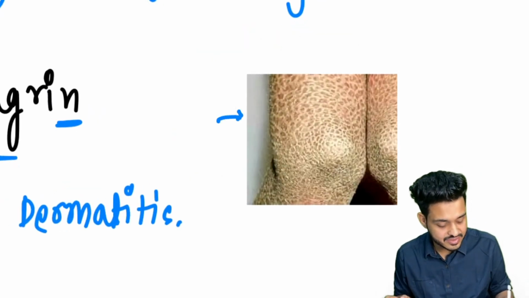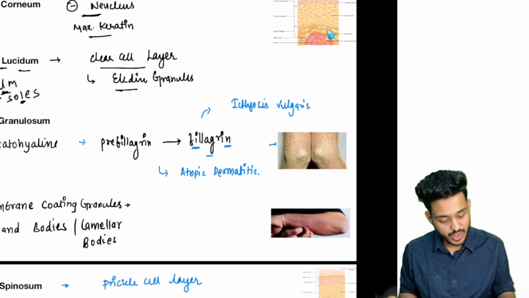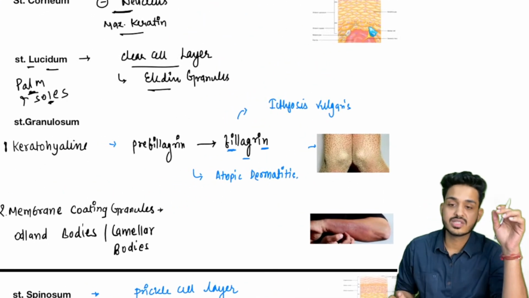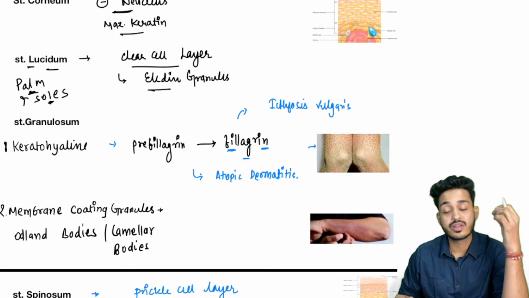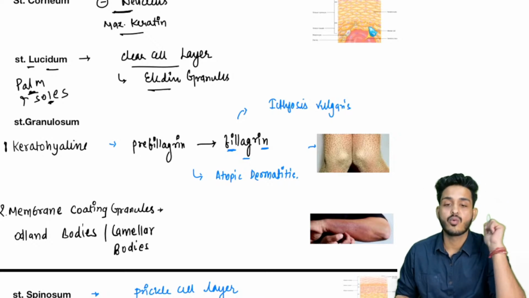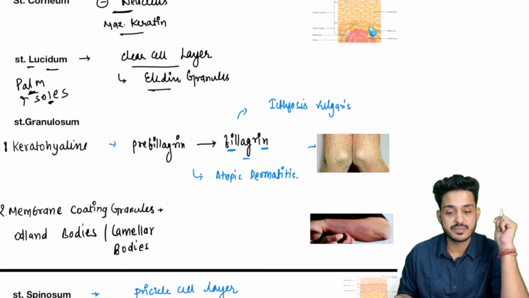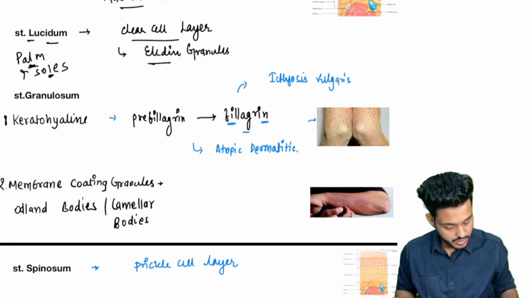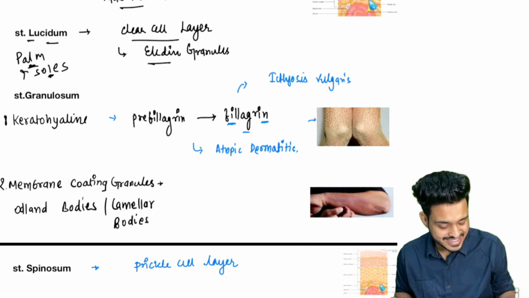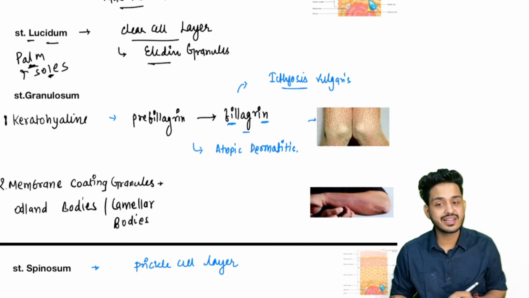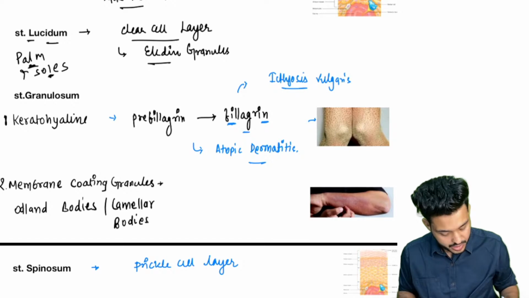Look here guys, this one will be ichthyosis vulgaris. In the whole of dermatology guys, whenever I use the term vulgaris, what is its meaning? Vulgaris means most common, right? So we are having two diseases. First one is your ichthyosis vulgaris, second one is your atopic dermatitis.